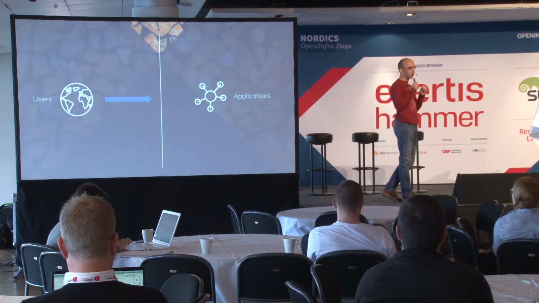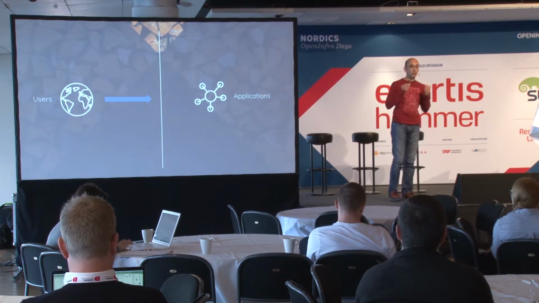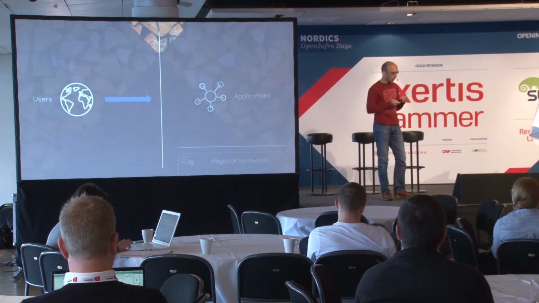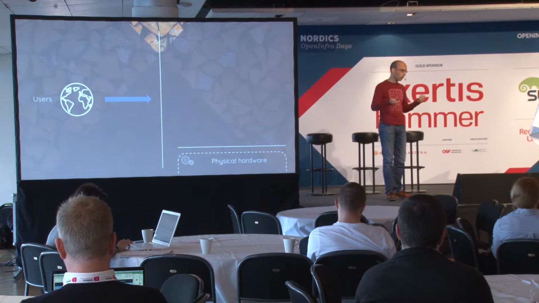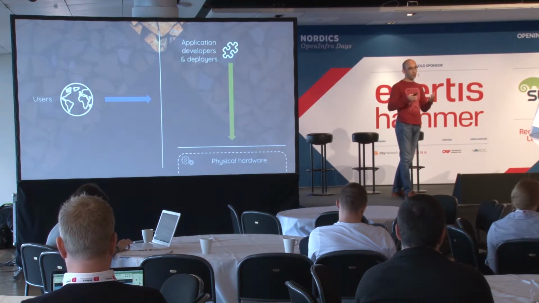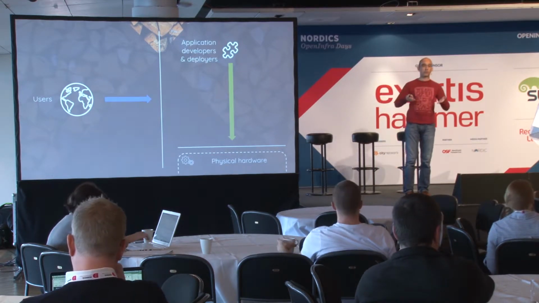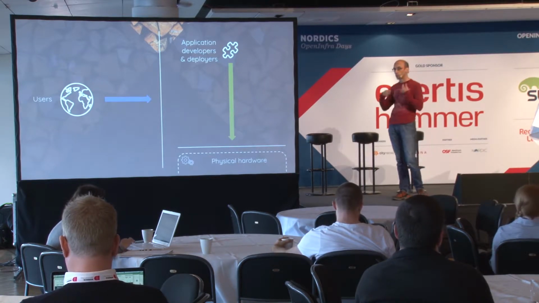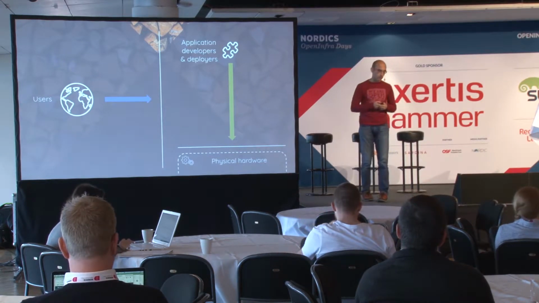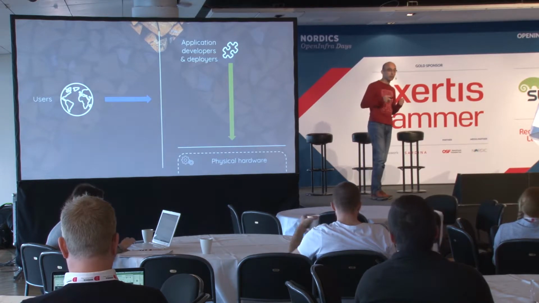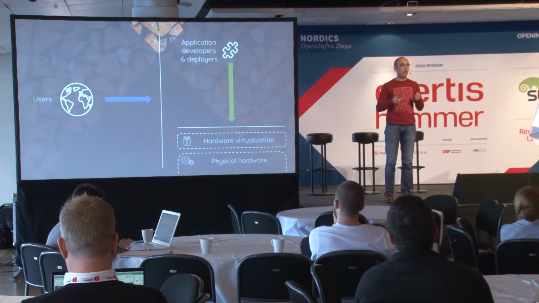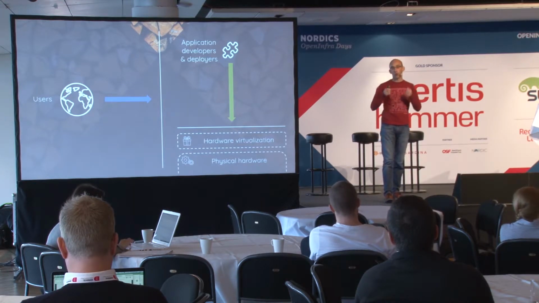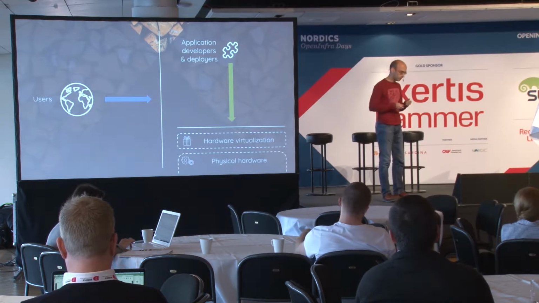But the way you deliver those applications has been evolving over the past 20 years. 20 years ago, you would procure some physical hardware, you would buy a server, and then as an application deployer, you would deploy your operating system, and then your dependencies, and then your application on top of that. But we started to add more and more layers. The first layer we added is obviously hardware virtualization, which is abstracting the server you're running your application on from the physical hardware that actually runs it.